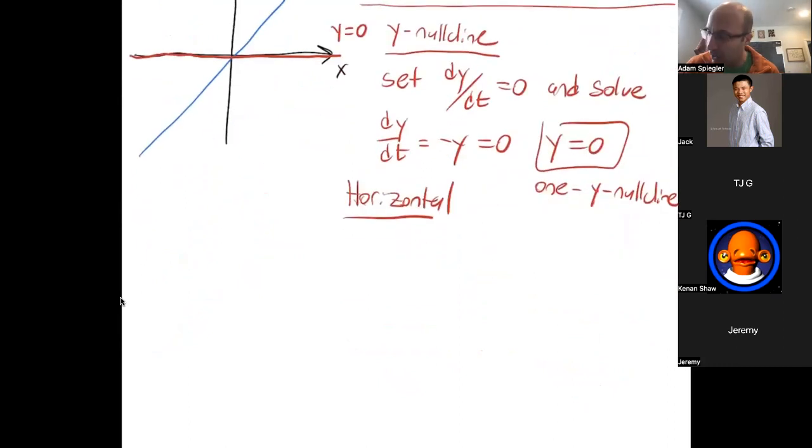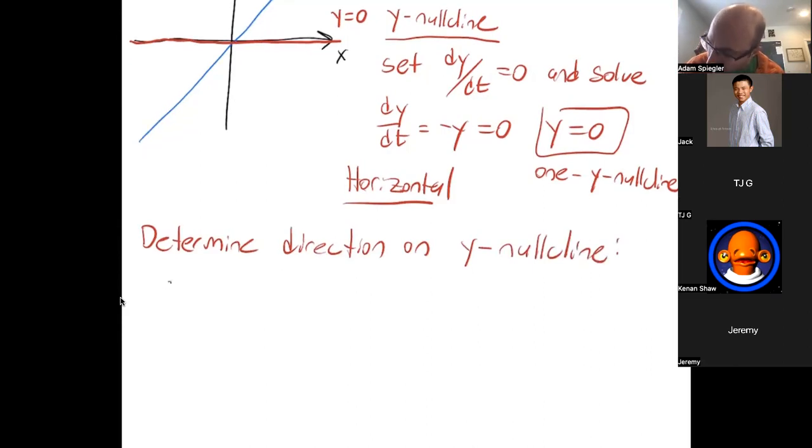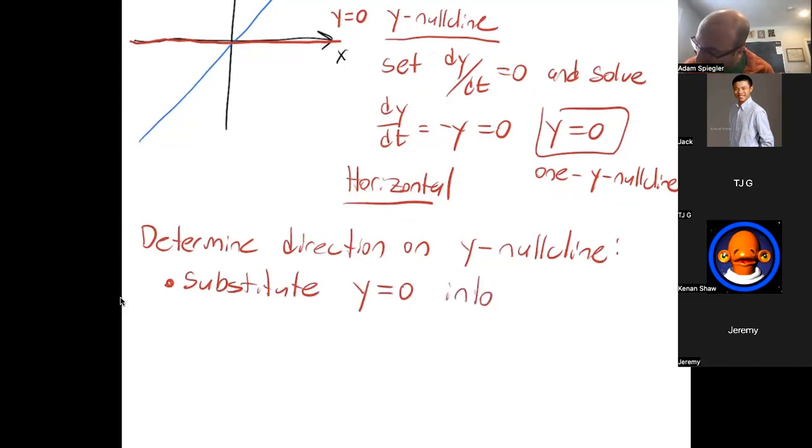So the next thing that we wanted to do is determine directions. Let's say we want to determine the direction on the y-nullcline. We're going to need to use the equation for dx dt to identify these. So we're going to substitute, in this case, the value of the nullcline y equals 0 into the formula for dx dt.